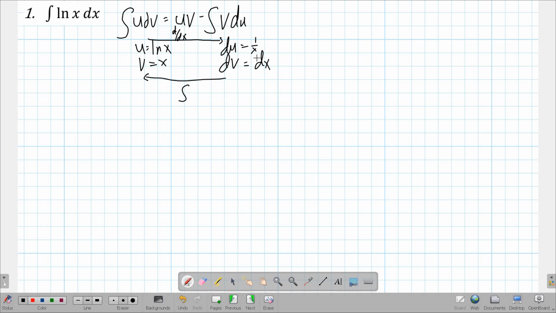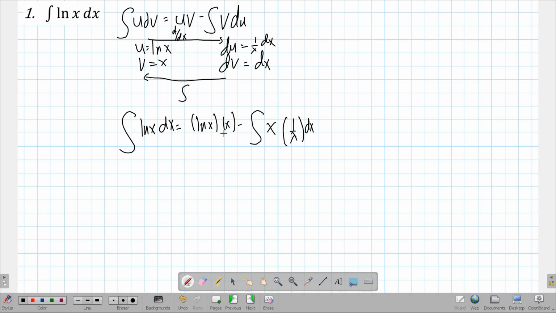So there you go. Sorry, this should be 1 over x dx. Alright, so now that we've figured out our u, v, du, and dv, we fill them into our formula. The integral of ln x dx will be equal to u times v, which is ln x times x, minus the integral of v times du, x times 1 over x dx.